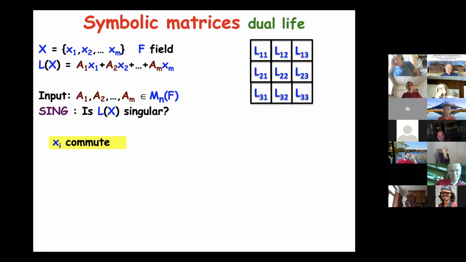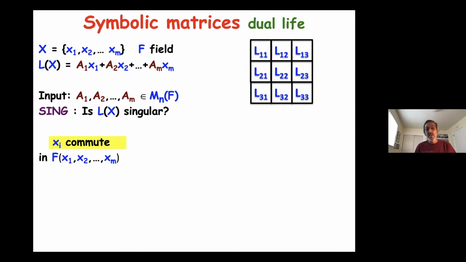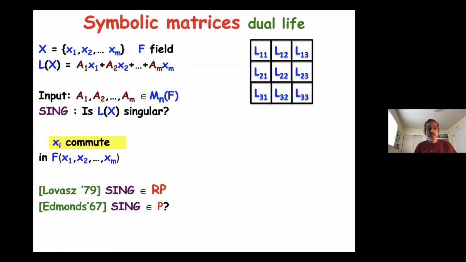When you talk about commutative variables, the singularity of such a symbolic matrix is just whether it's singular in the field of rational functions in these variables. As I said, we don't know much about this problem. We know that it has a probabilistic polynomial time algorithm, and we really want to find out if it has a polynomial time algorithm.